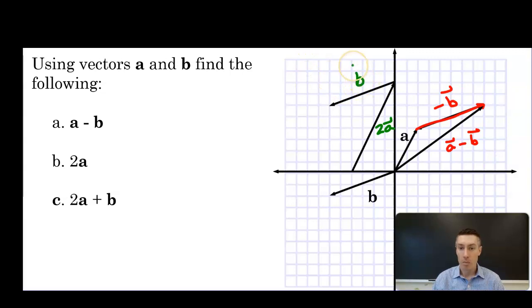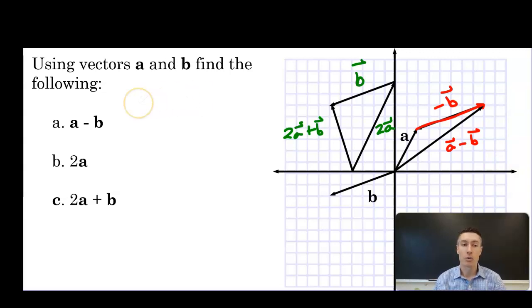So that's b. So then 2a plus b, we start at the initial point, go to the terminal point of b, and there we have 2a plus b. Okay, so this is how vector addition, subtraction, and scalar multiplication works geometrically or graphically.